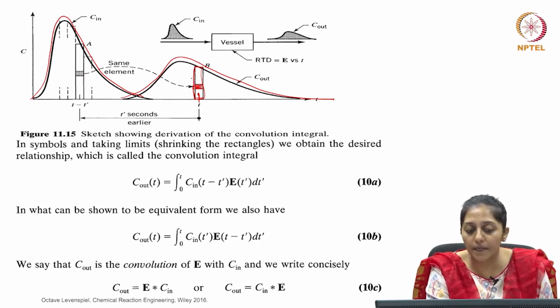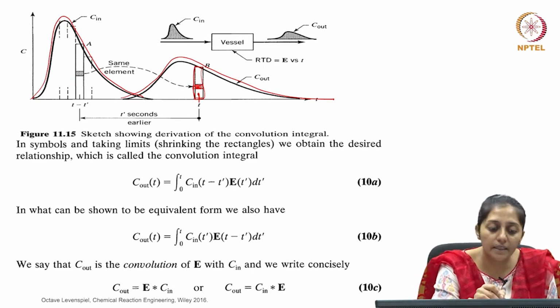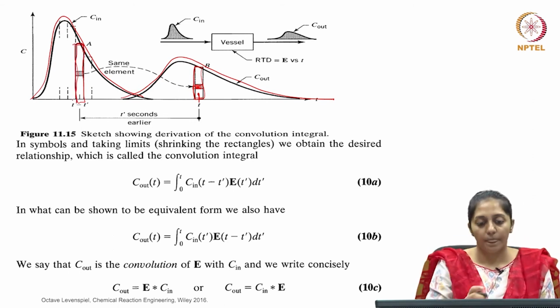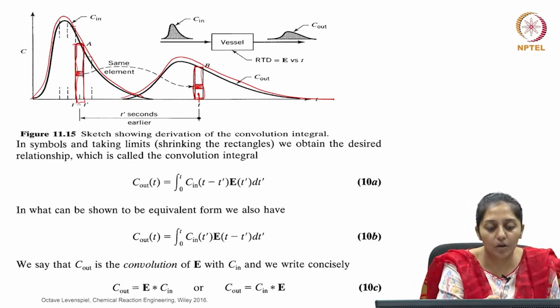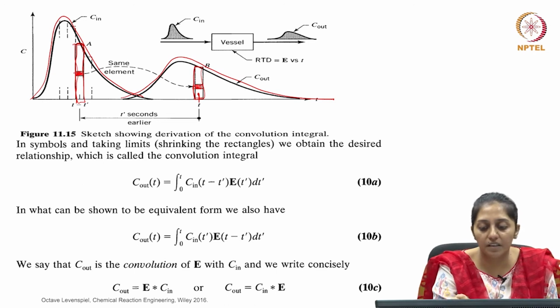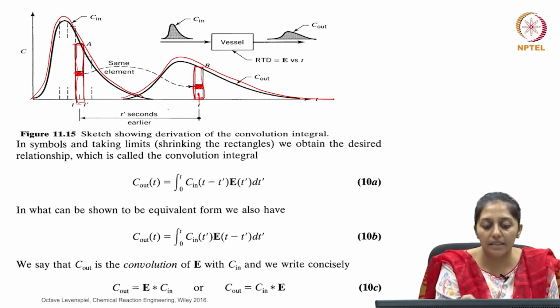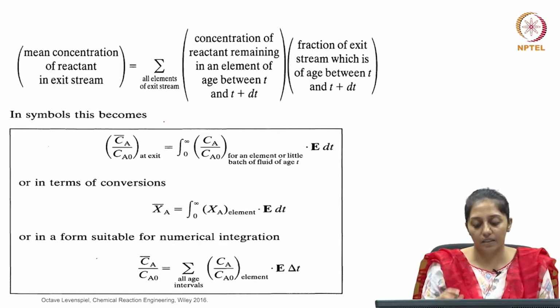It is the same fluid element which is in the inlet now being called as A, and this grey box was your tracer element which is leaving here in the fluid element B, and this gap is t seconds earlier.